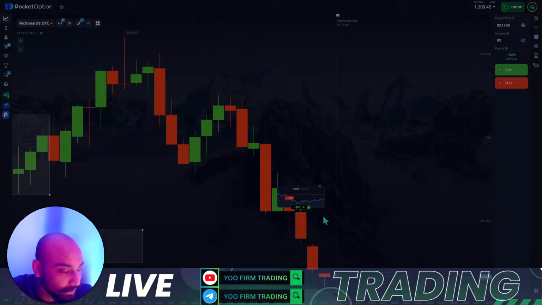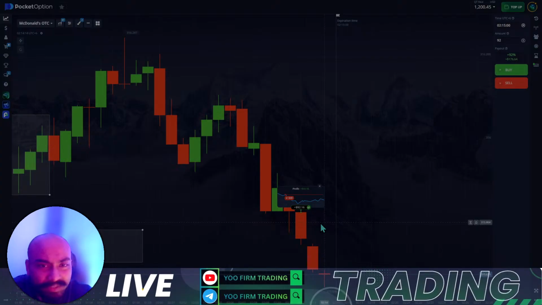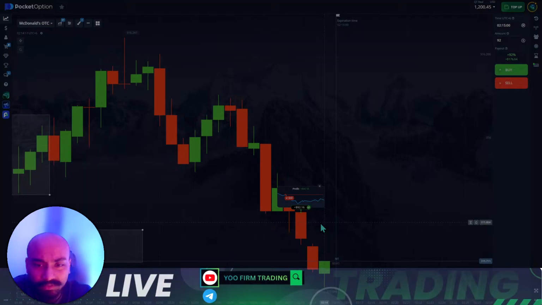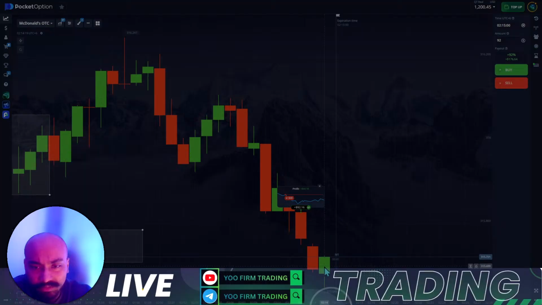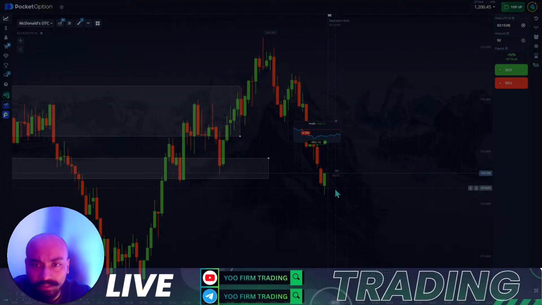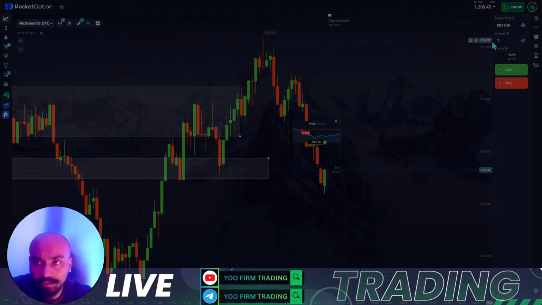Gap down in idle. Sometimes a gap down doesn't mean that it wants to go down. See on this candle. So this is our discount. So my $92 was a loss.